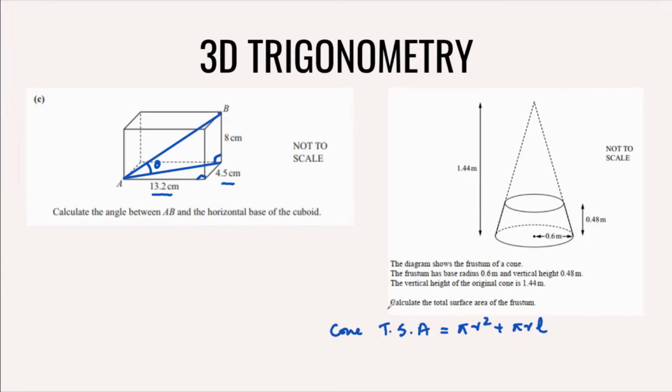I'm going to first just talk about the cone. L is your slant length, so that's basically this. This is L. And if you notice, we have a right angle triangle again in a cone.